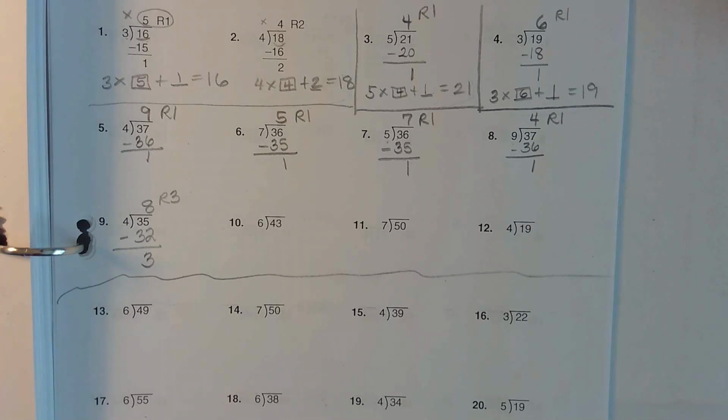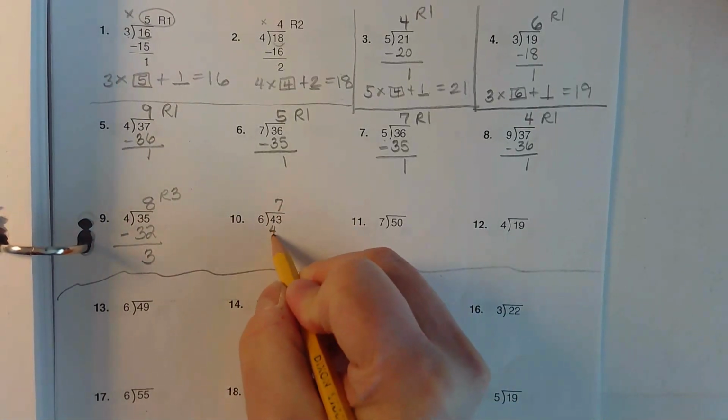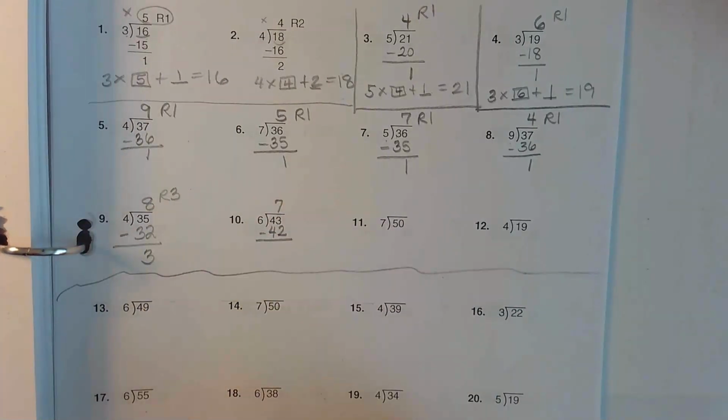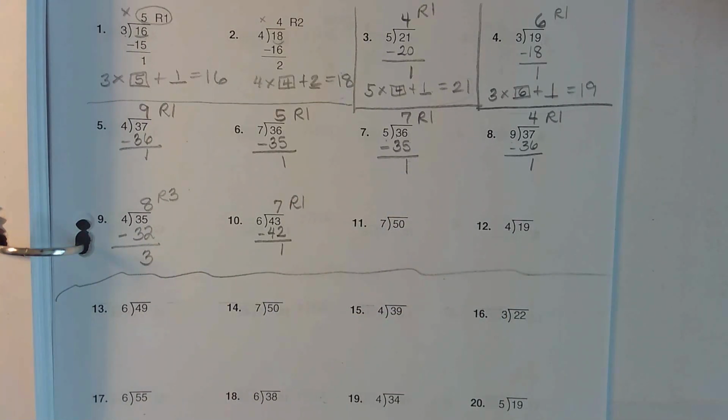All right. Number 10. How many times can 6 be divided into 43? Count by 6s. 6, 12, 18, 24, 30, 36, 42. I counted 7 times. 7 times 6 is 42. Then I'm going to subtract, and I get my remainder of 1.